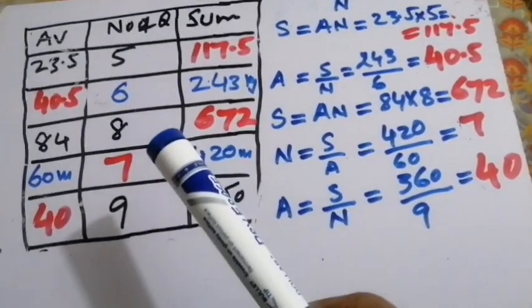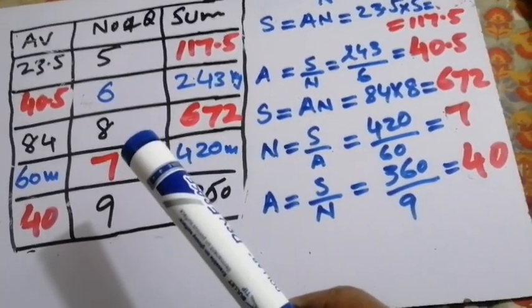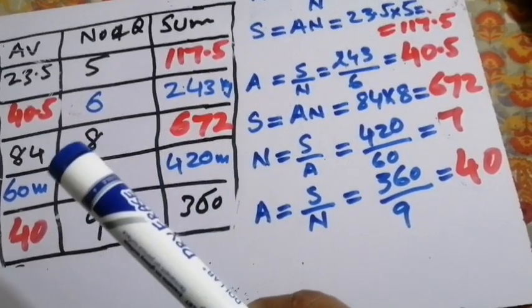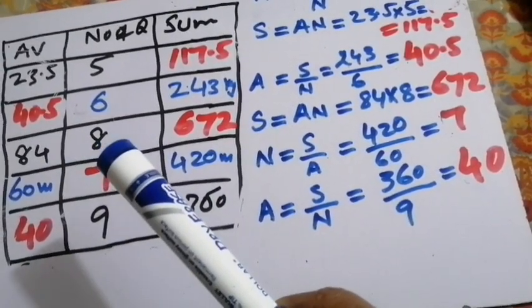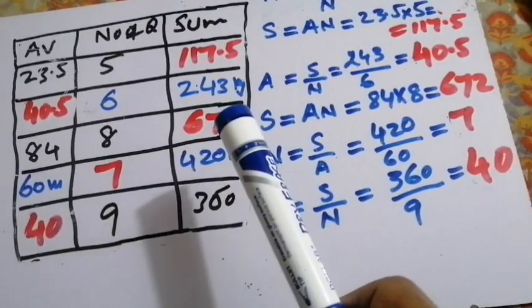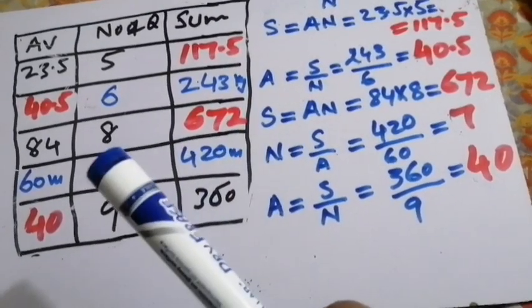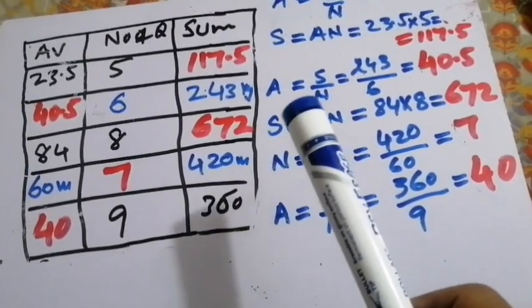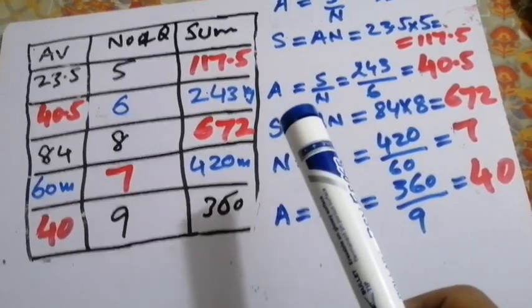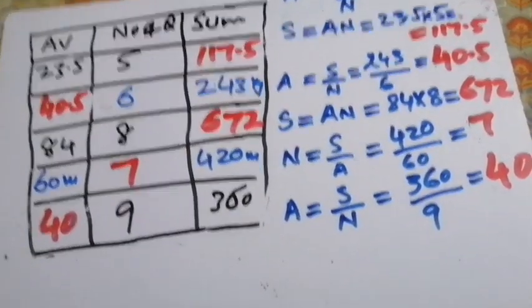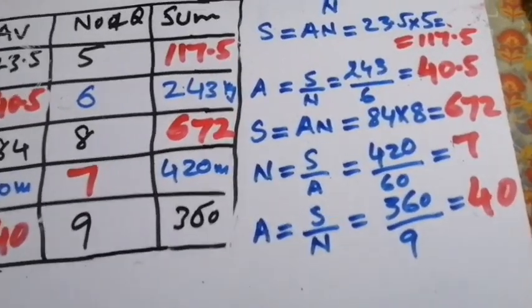In the other part, part C, the average is given, and the number of quantities is given. We have to find out the sum.